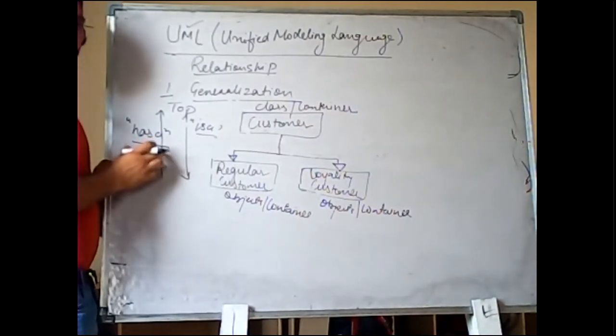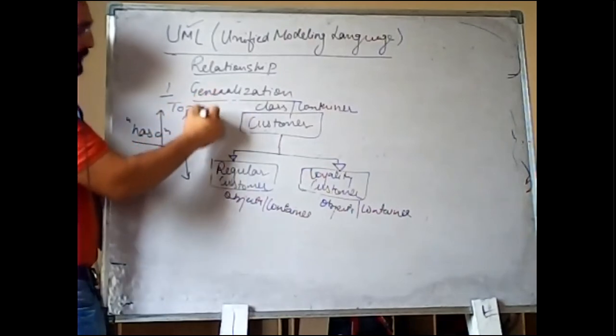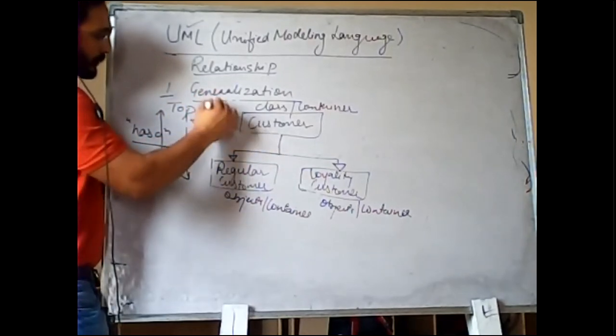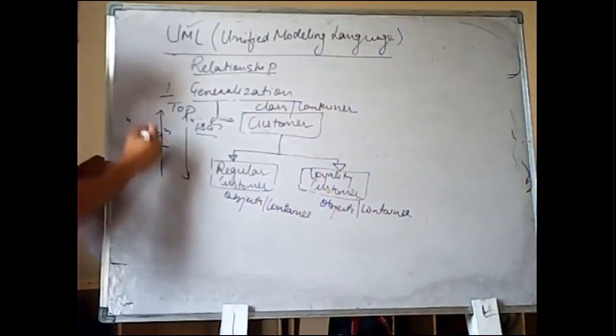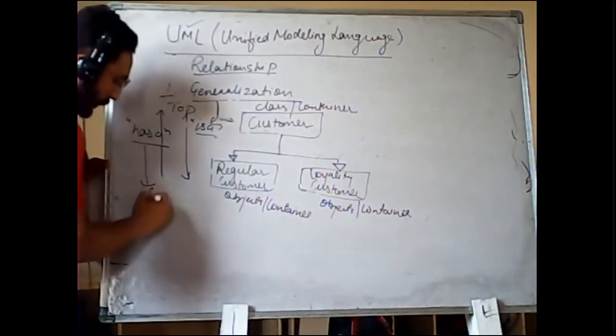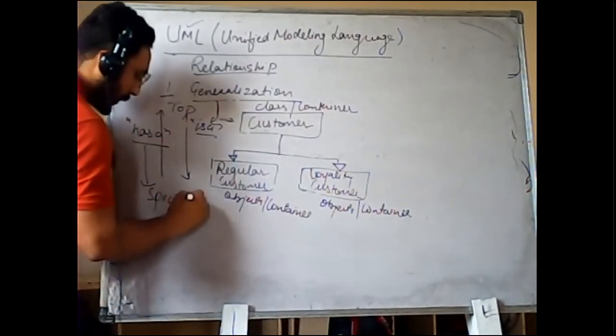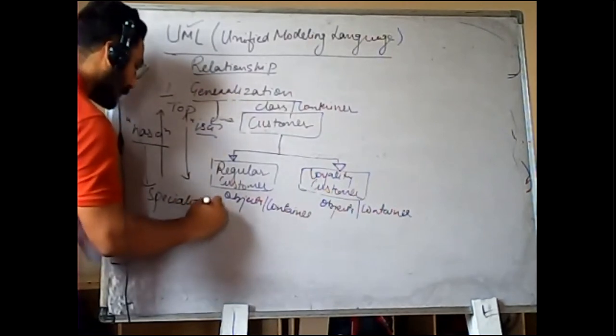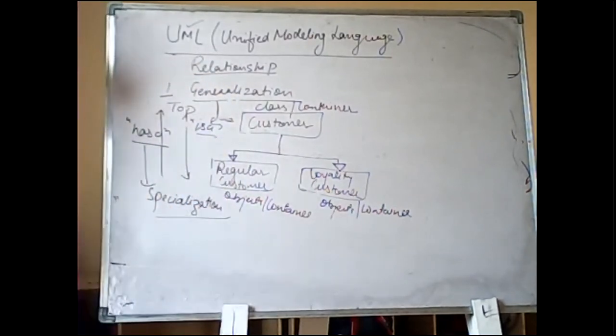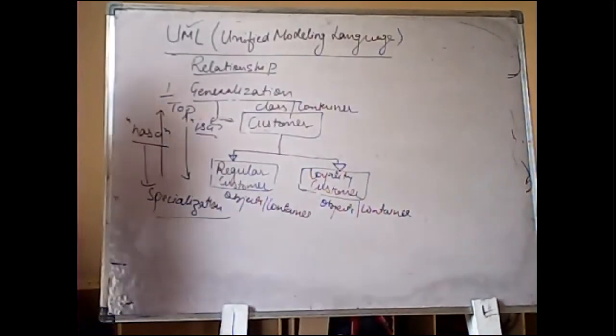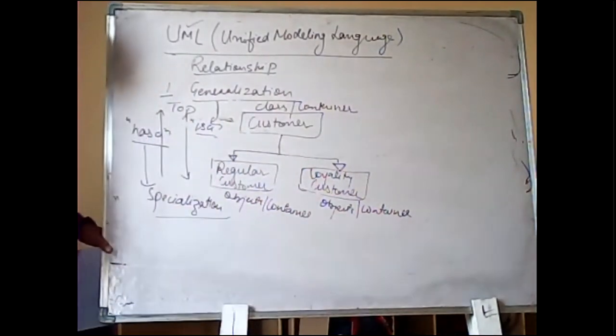And this is called your specialization. Sorry, is-a is generalization, and has-a is your specialization relationship, that we have to mention while drawing our class diagram.